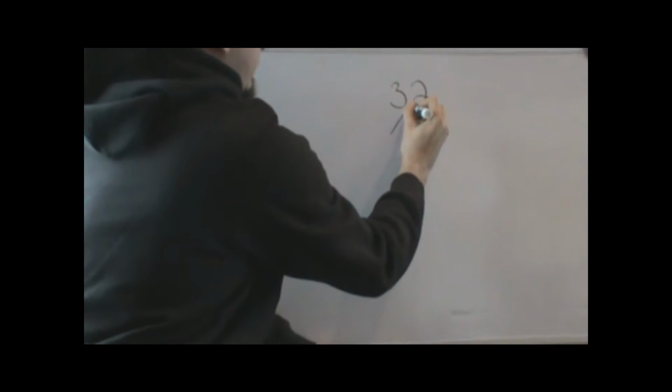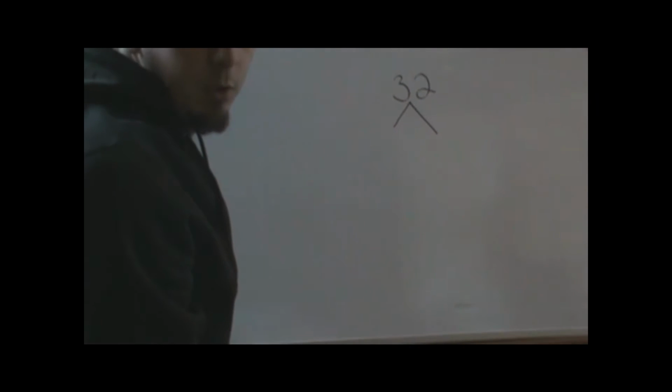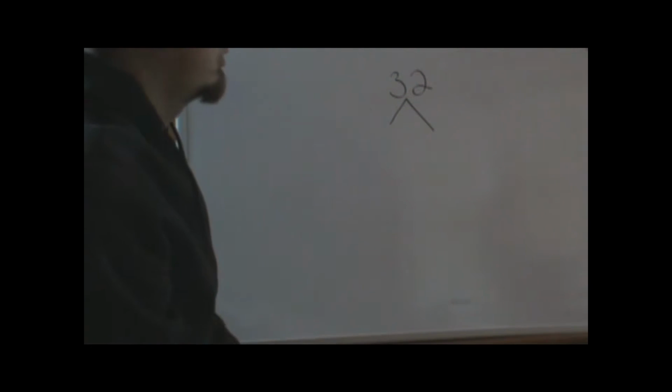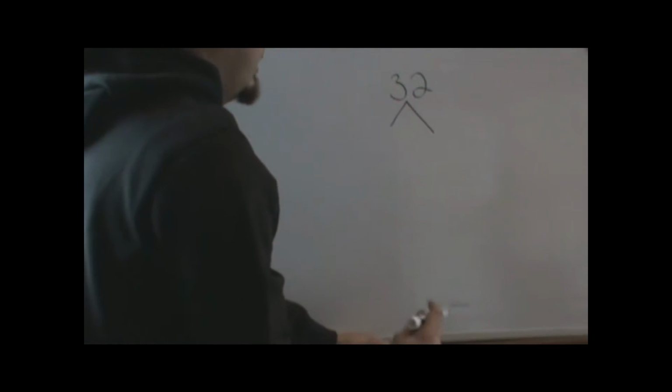So for example, with 32, if we do a factor tree to find the prime factorization of 32, we start by thinking to ourselves, what are 2 numbers I know that multiply together to get 32? So we're looking for 2 factors of 32. They don't have to be prime at this point. They will end up being prime.